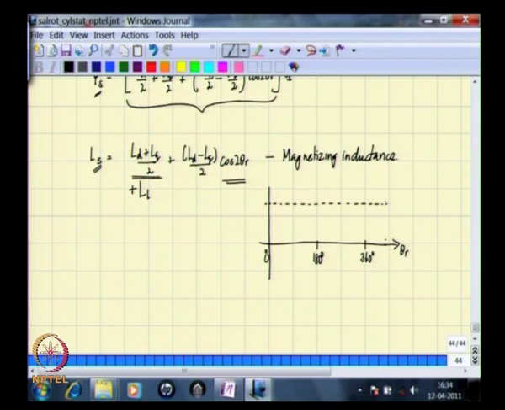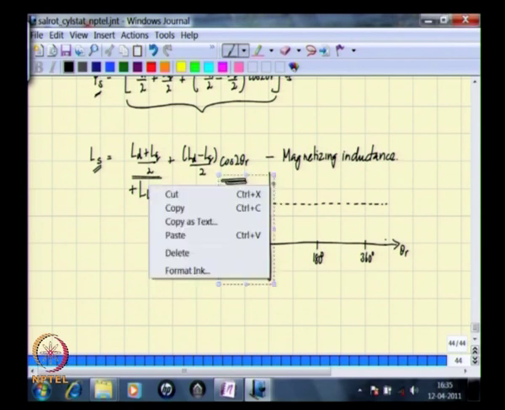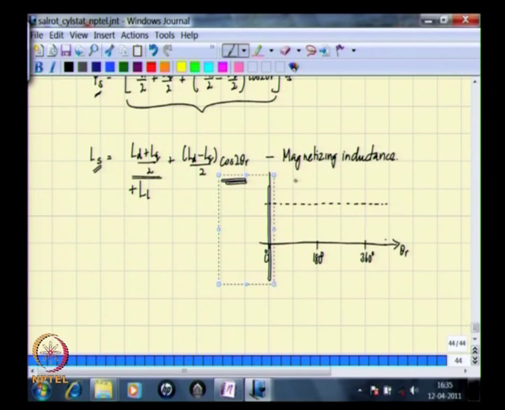Now, over and above this you have LD minus LQ by 2 into cos 2 theta r, and therefore at an angle theta equal to 0 this inductance is really maximum. And then at an angle theta equal to 180 degrees this becomes cos of 360 degrees, and therefore this completes one cycle of variation.